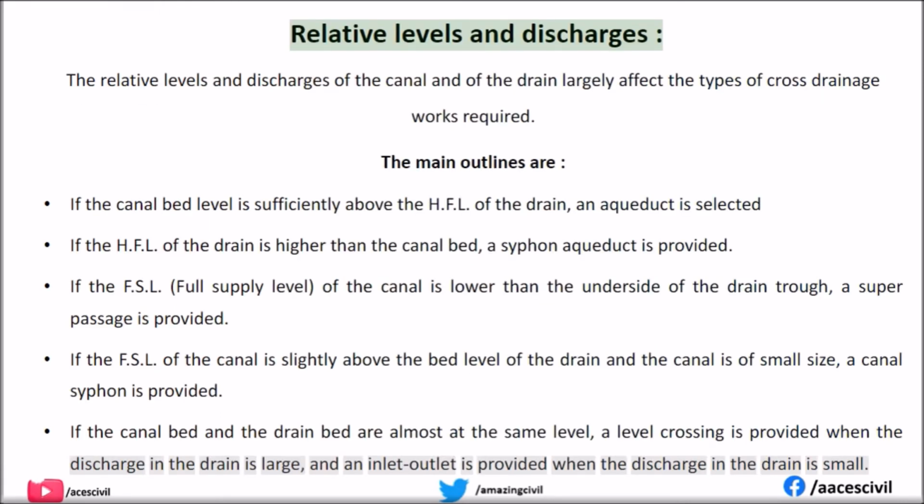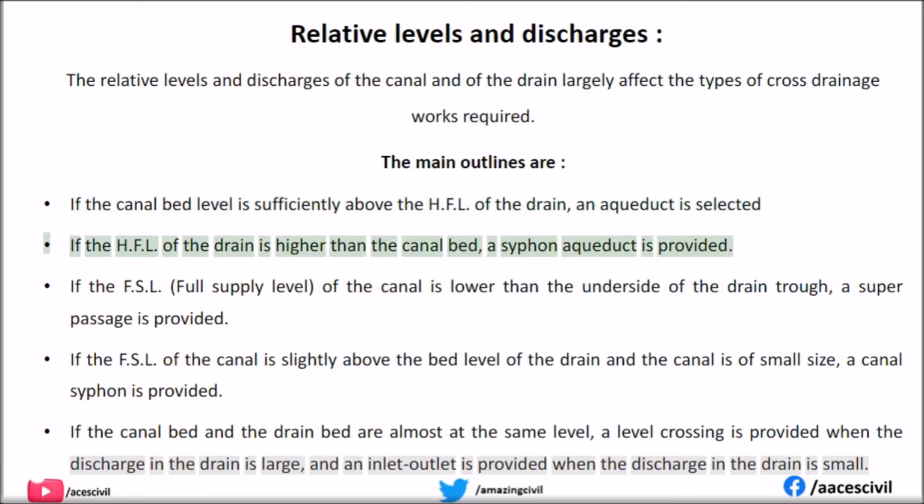Relative levels and discharges. The relative levels and discharges of the canal and of the drain largely affect the types of cross-drainage works required. The main outlines are: if the canal bed level is sufficiently above the H.F.L. of the drain, an aqueduct is selected.